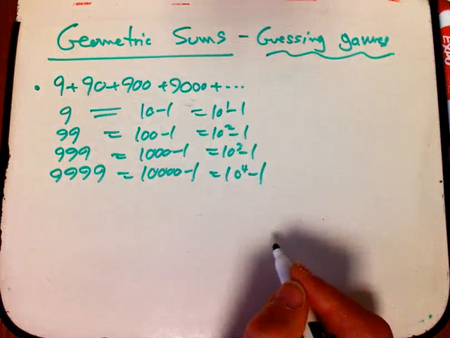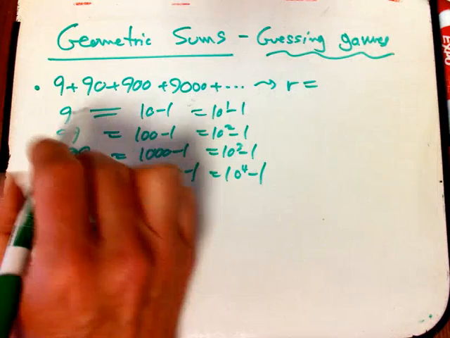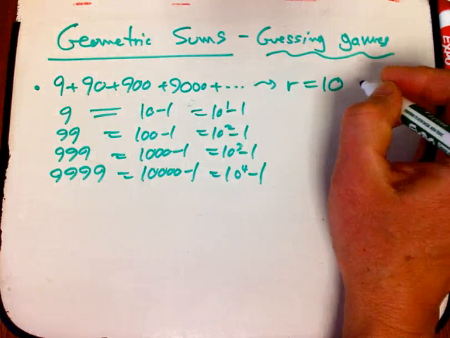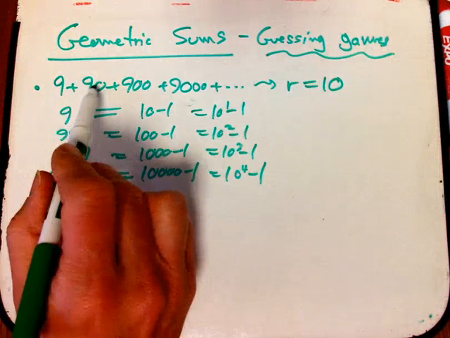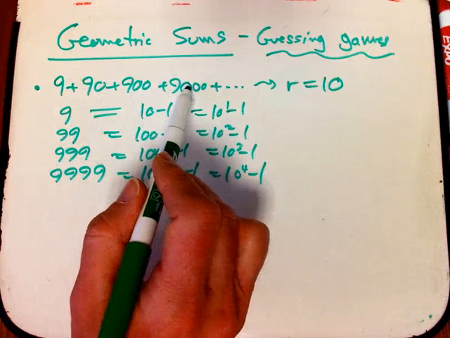Huh, okay. So that's interesting because here the terms are a geometric sequence, and the common ratio is 10. If I want to generate the next term in the sequence, 9 to 90 to 900 to 9,000, I'm just multiplying by 10 each time.